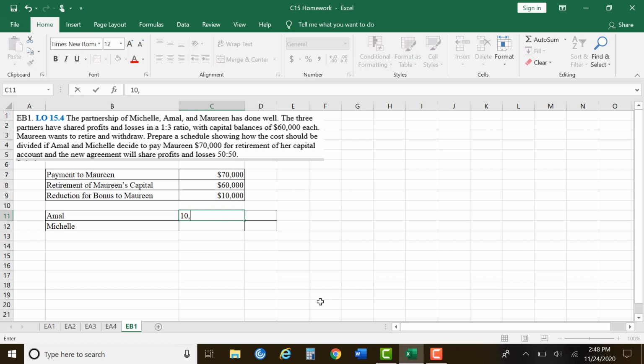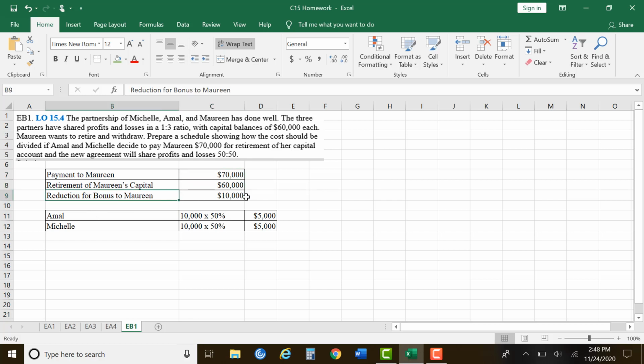They're going to split this by 50%. So they're going to lose $5,000 each because they want to pay her out that other $10,000. So the payment to Maureen was $70,000, but her capital balance was only $60,000. So they have to come up with that $10,000 somewhere. So they're going to take it out of each of their capitals. They're going to reduce their capitals by $5,000 and $5,000 to come up with that $10,000.